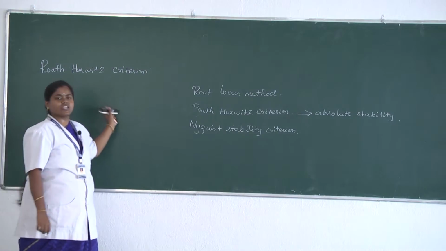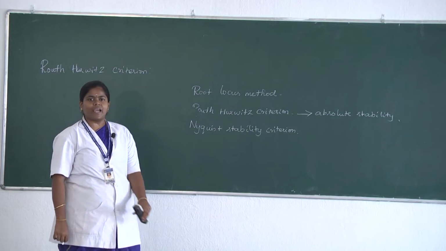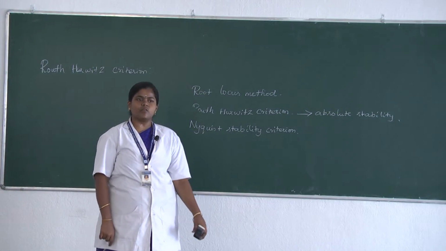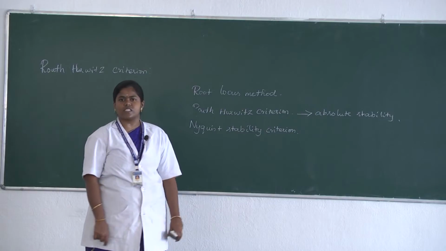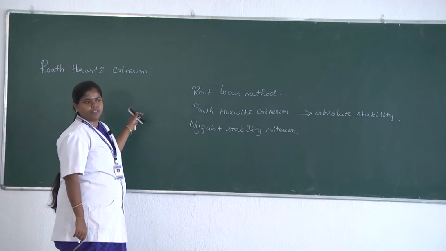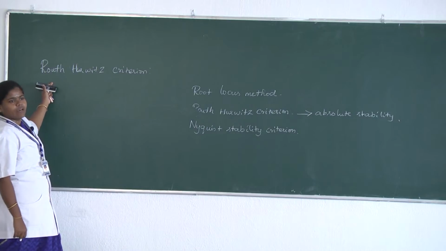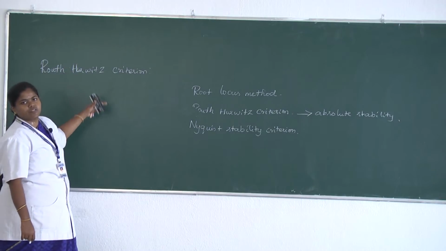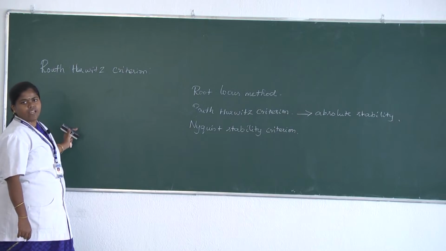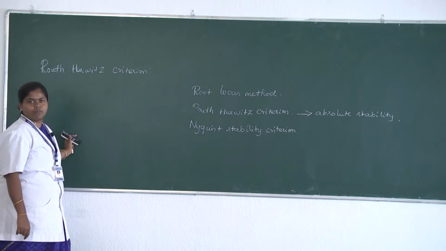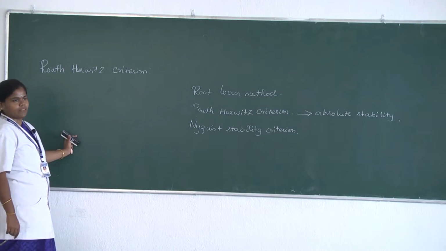Initially, Hurwitz determined that by forming a determinant using the characteristic equation of the system, we can determine the stability of the system. Afterwards, Routh determined that the determinant can be reduced to a smaller array, so that the stability of the system can be found using a simpler method.